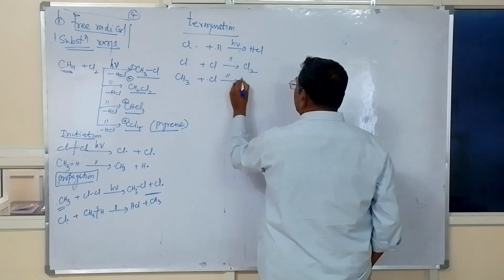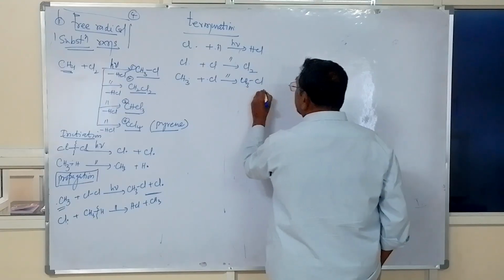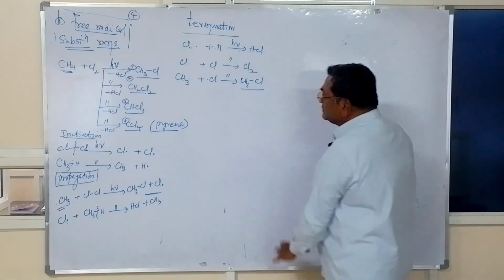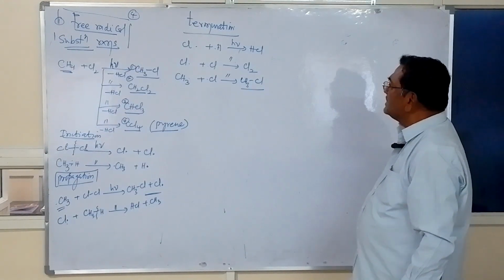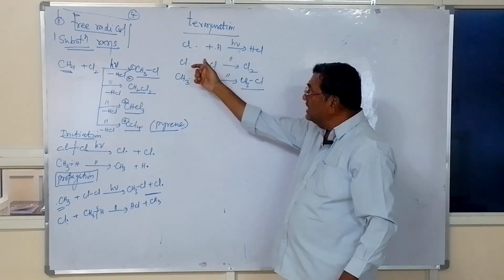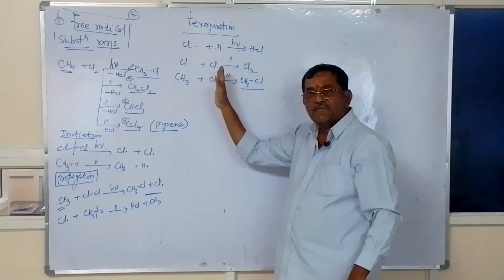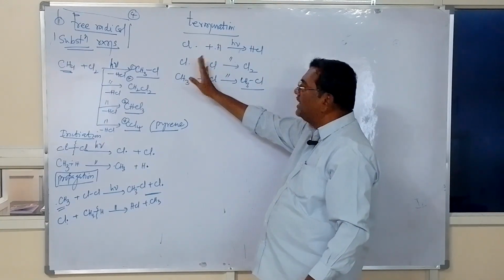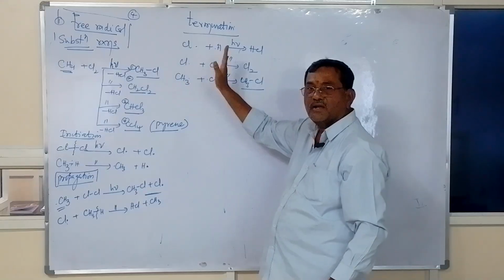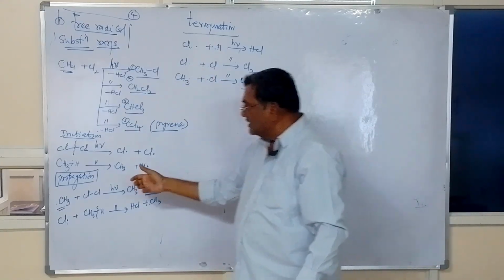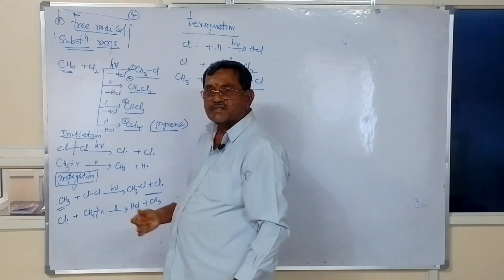All are photochemical reactions, here CH3Cl. So like this, termination is interaction of free radicals to give you a product. You can see the free radicals only on the reactant side, the left side. In propagation, the free radicals might be on either side.